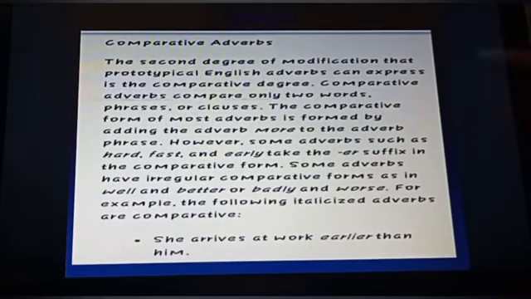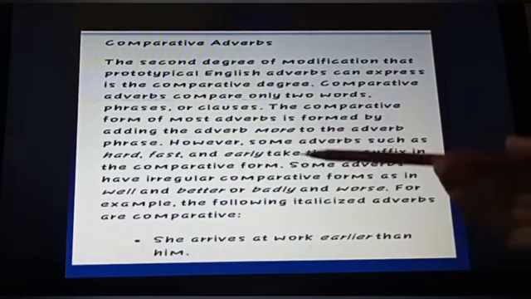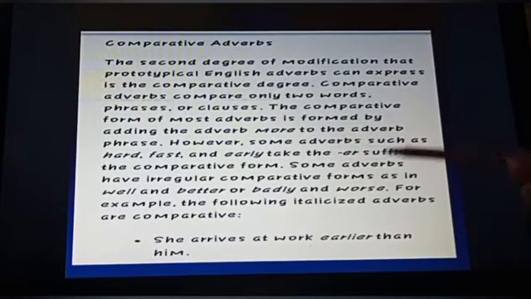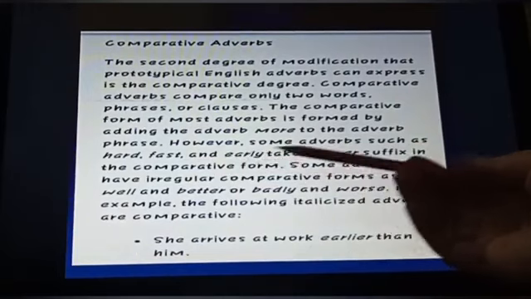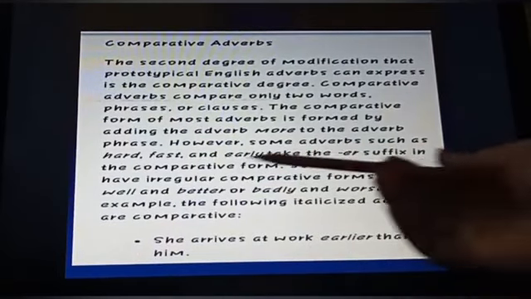The next one is the comparative degree. The second degree of modification that prototypical English adverbs can express is the comparative degree. Comparative adverbs compare only two words, phrases or clauses. The comparative form of most adverbs is formed by adding the adverb more to the adverb phrase. However, some adverbs such as hard, fast, early take the er suffix in the comparative form.